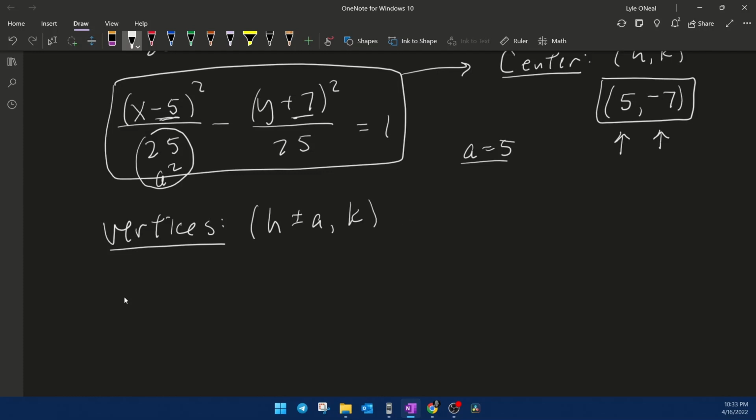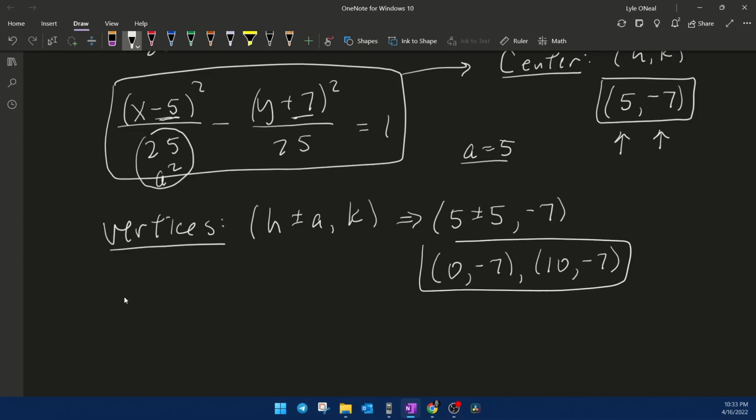So doing a little plug and play, that's going to give us 5 plus or minus 5 comma, negative 7. And then to simplify that into the two ordered pairs, 5 minus 5, that would be 0, negative 7. 5 plus 5, that would be 10, negative 7.